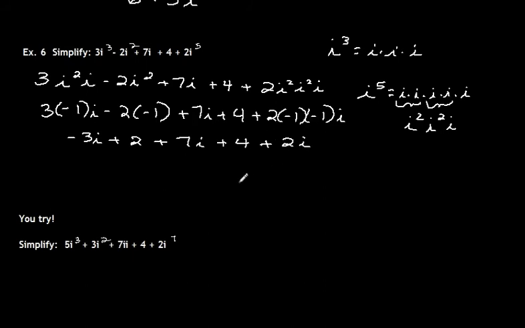Negative, negative is positive. And we're almost there. Add the real parts. Let's see. I'm just looking at the answer, and it looks like I don't have the exact answer. Negative 3 minus 2. Okay, it's just because I copied a sign differently than the book. Okay, no problem. So we get 4i.